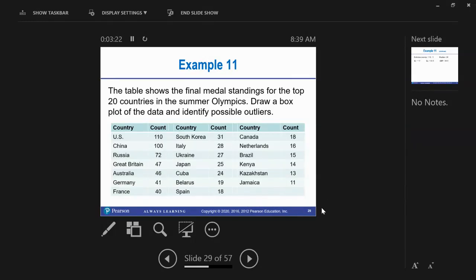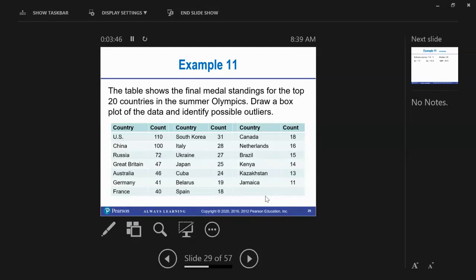Our extreme scores look like maybe 110 and possibly the 11. I'm thinking probably not on the 11, given how close it is to the next number, but we can use our 1.5 times rule to figure that out.